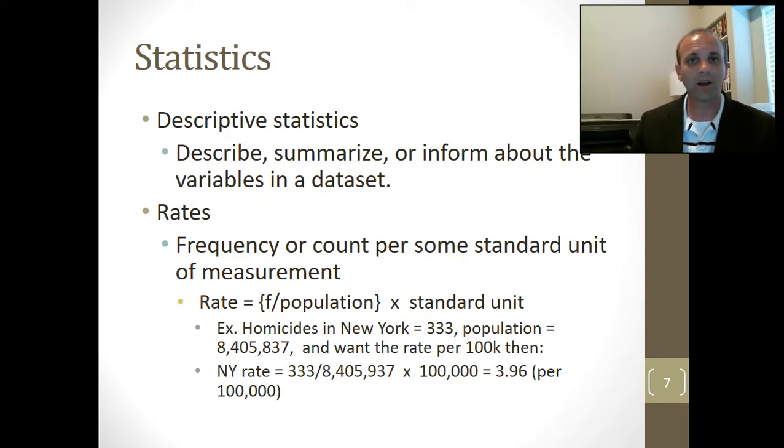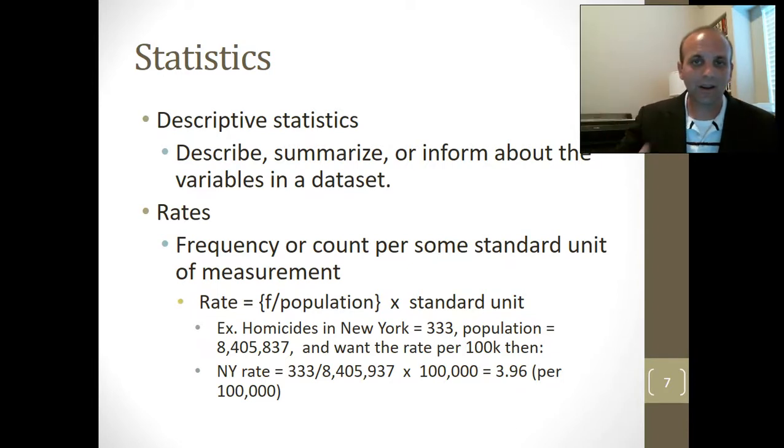We want to figure out homicide rates. If you look at each jurisdiction independently, from New York City to Dallas to Houston to San Antonio to Stephenville, everybody has a different population, a different size police force, and a lot of different things going on in each of those jurisdictions, right?